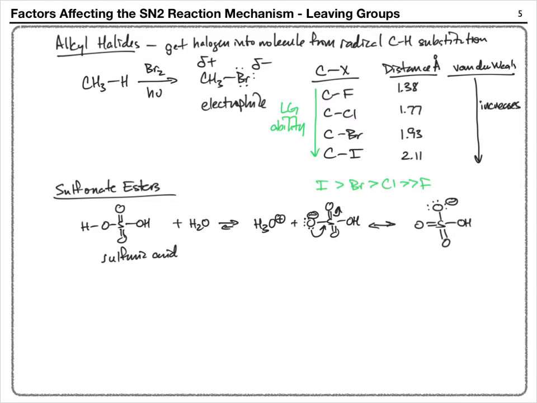So we as human beings, scientists, chemists, have taken that behavior and transformed sulfuric acid into derivatives called sulfonate esters. And sulfonate esters come from alcohols. So if we start with an alcohol, we can transform it into something that's a good leaving group to do SN2 chemistry. So what might that look like overall?